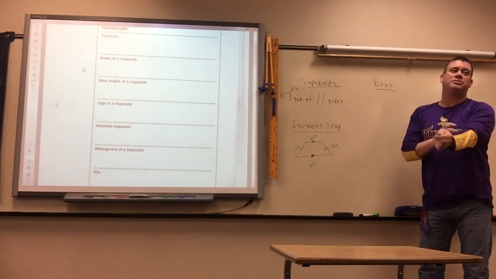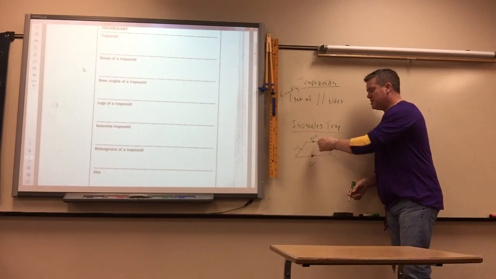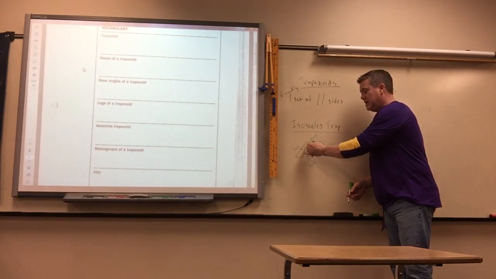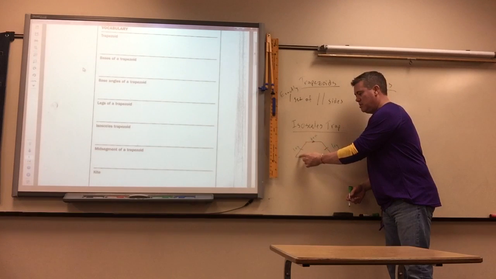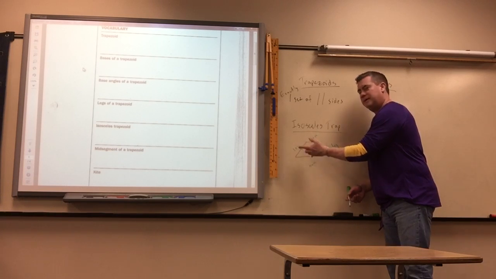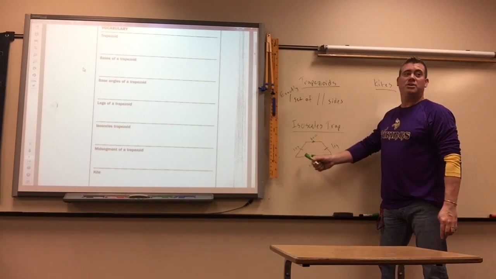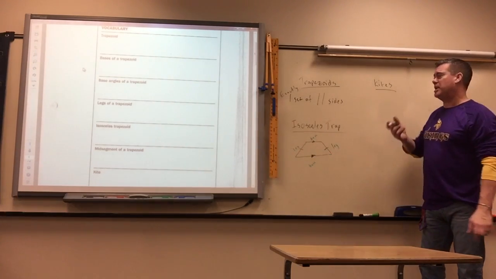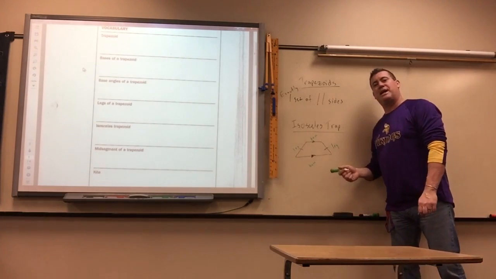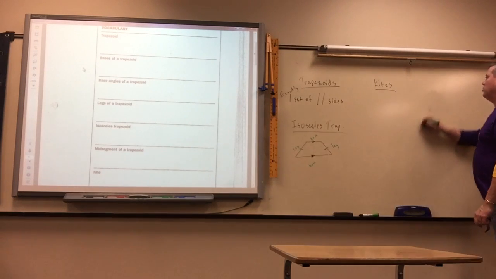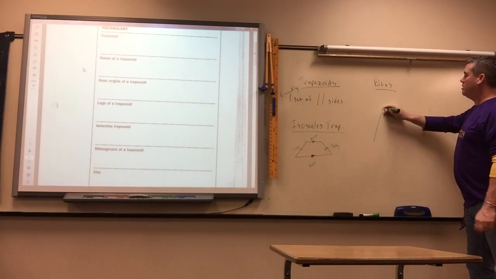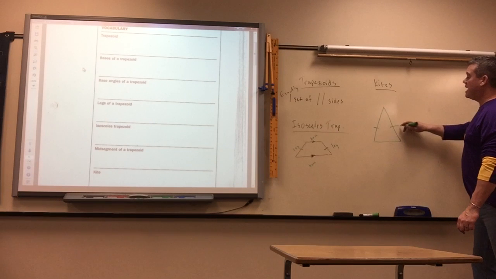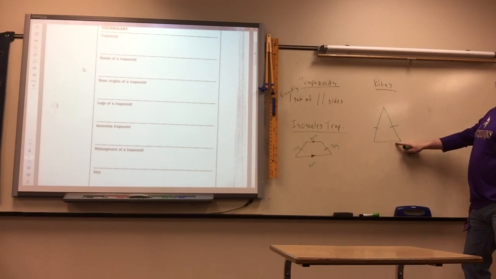Also, what's true is this, since this is parallel to that, these two angles here, are they going to be equal, or do they add up to 180? Add up. They're same side interior angles, so they add up to 180. Same thing here. That's true in any trapezoid, but if it's isosceles, remember in a triangle, if these two sides are the same, what do you know about these two angles?